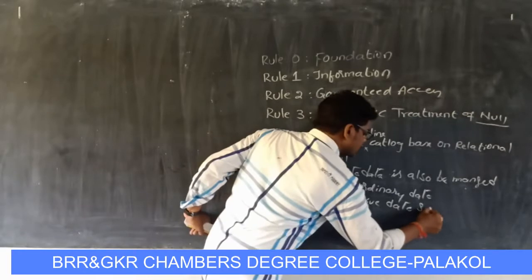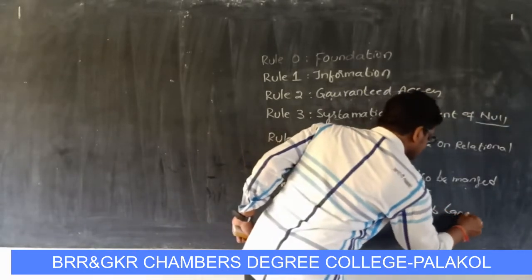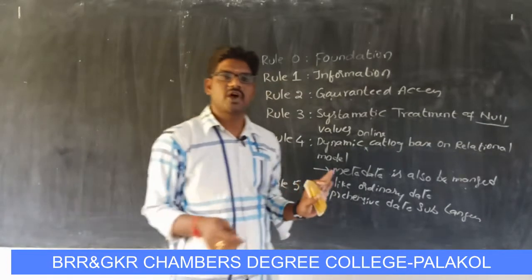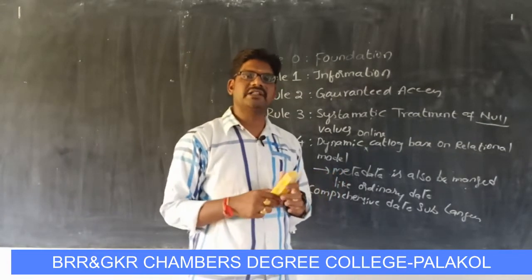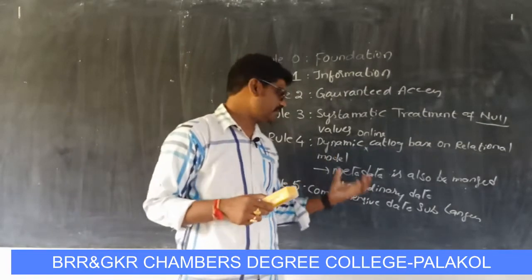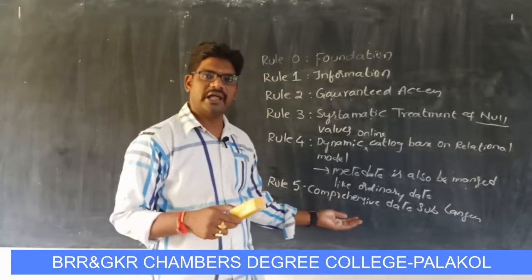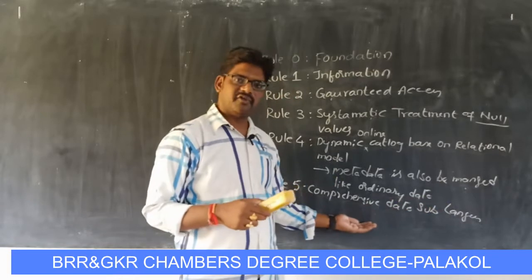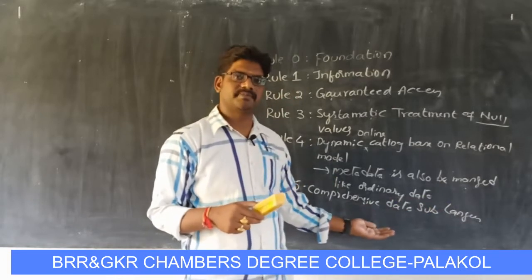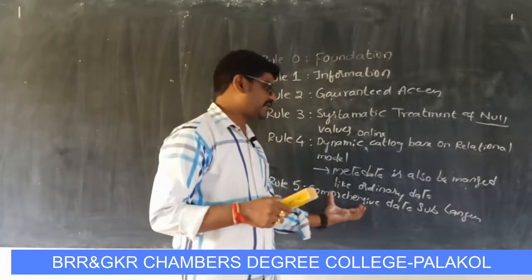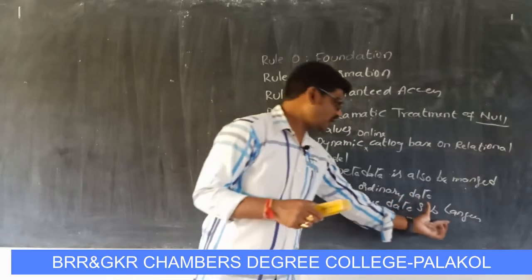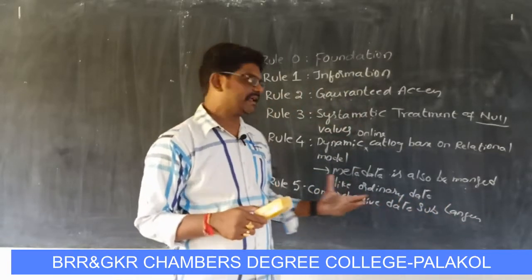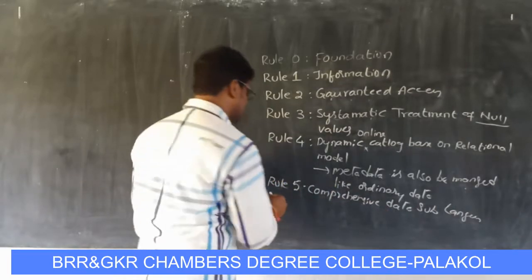All the data within the database must be maintained, and all languages should be managed. All types of languages, like SQL, are maintained within the database. All sublanguages are to be managed within the database. And the next one, rule 6, is view update.